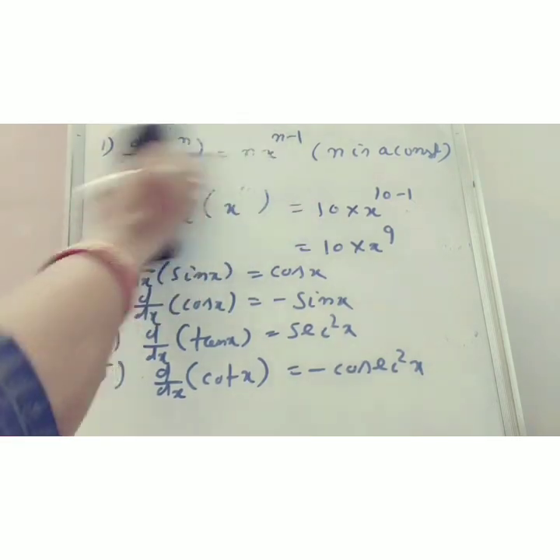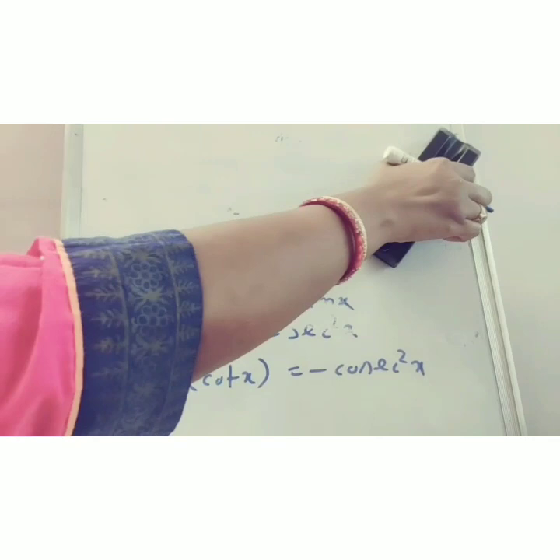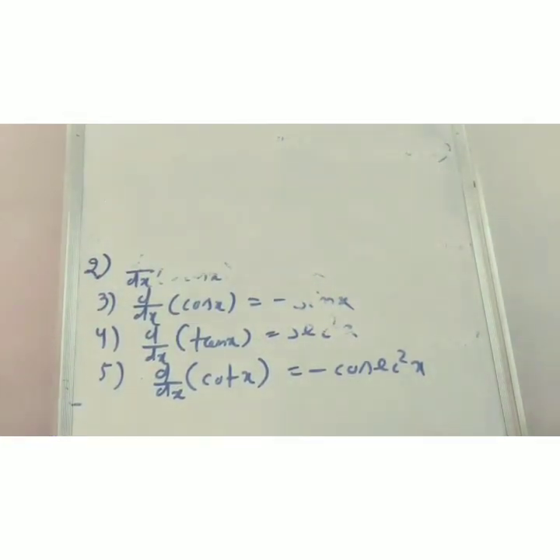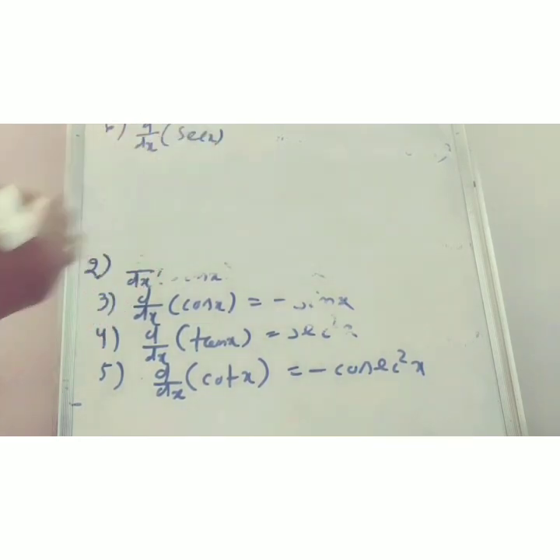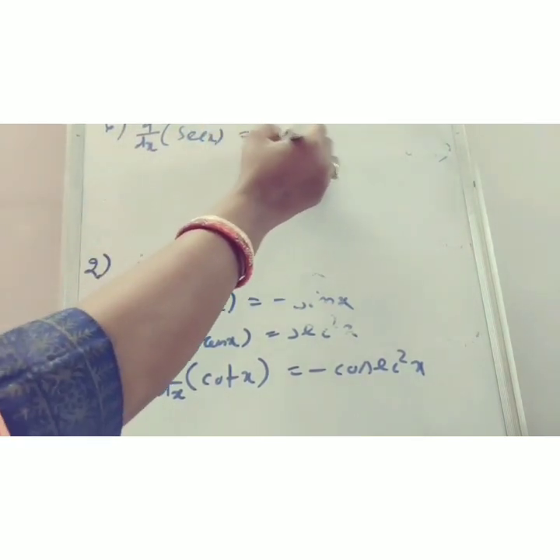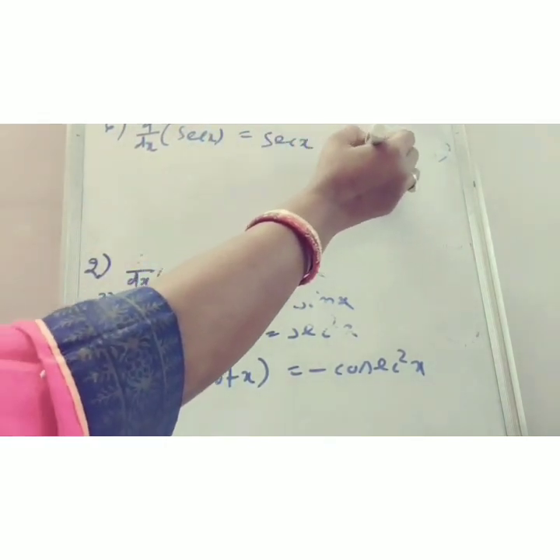Now number 6, d by dx of sec x is equal to sec x into tan x.